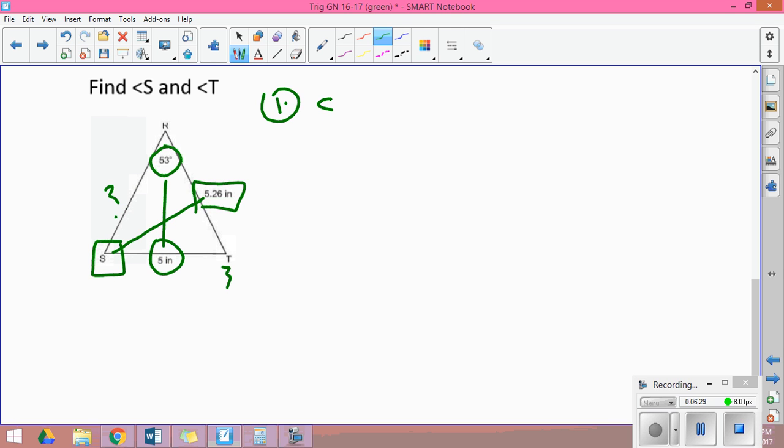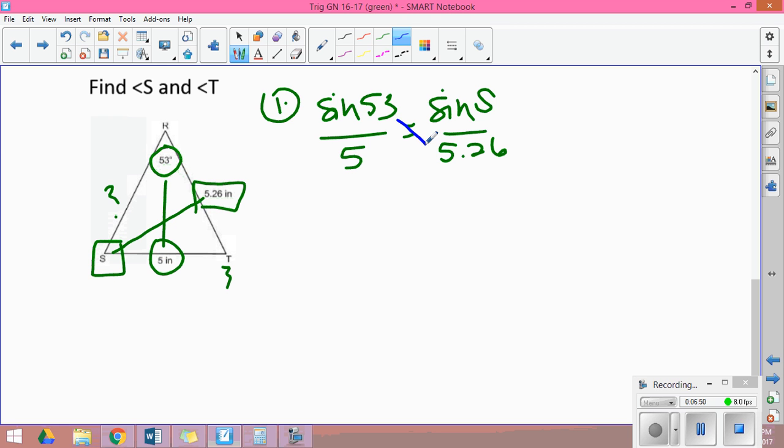And so we are going to say the sine of 53 over 5 will be equal to the sine of s over its side, 5.26. Now this is one where we're going to have to use that inverse feature at the beginning. So we're going to solve for a decimal, and then we're going to undo it to find the angle. So we're going to cross multiply.